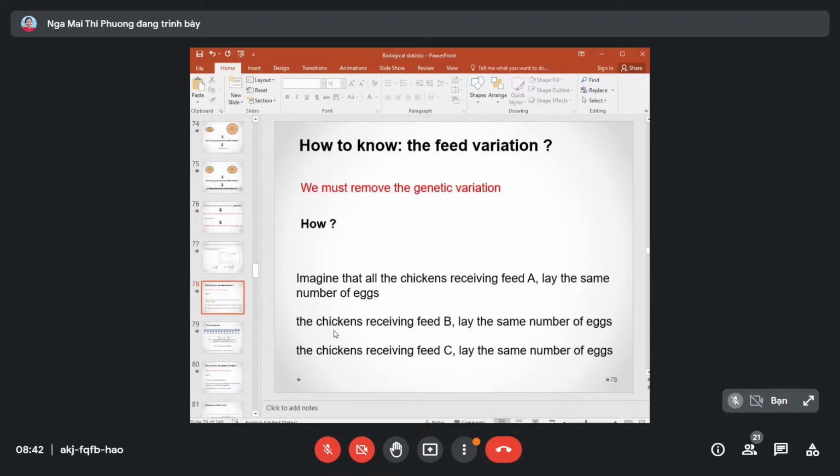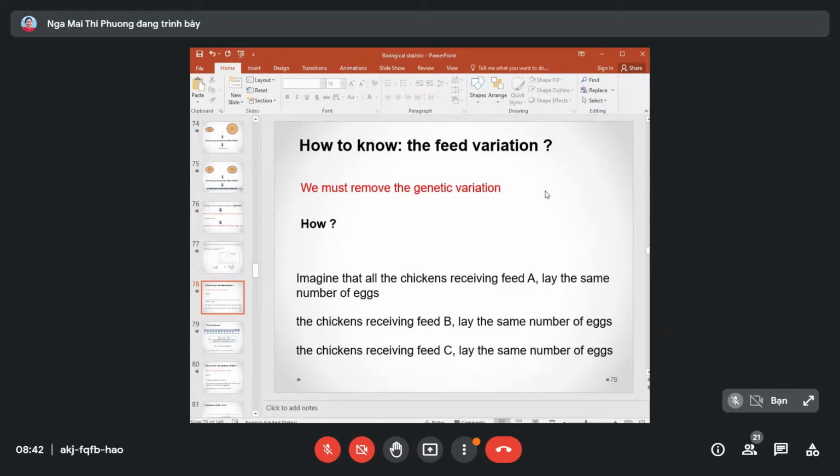Next. How to know the feed variance? If we only concentrate on the feed, we would like to study only the effect of feed on the number of eggs. We have to remove the genetic variation.